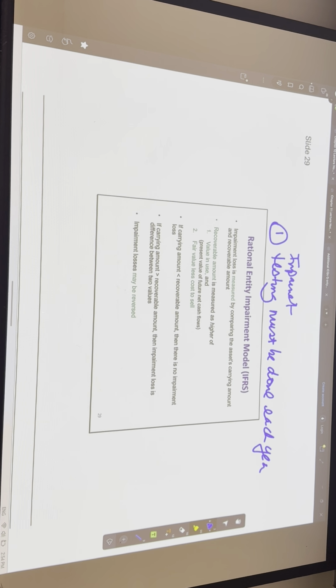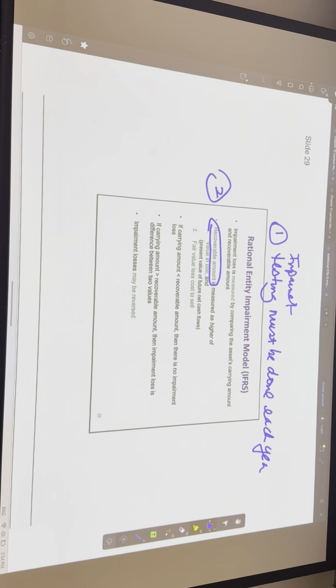And what you're going to do, you guys, is calculate this thing called recoverable amount. Recoverable amount is the greater of two numbers, the higher of the two numbers.